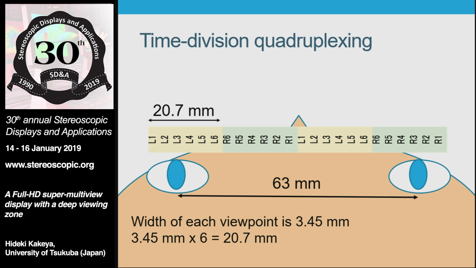In this way, we can keep showing a stereoscopic image when the viewer moves forward and backward. And here the width of the viewing zone is 3.45 millimeters, so in this situation we can still impinge more than 2 light rays for each pupil.